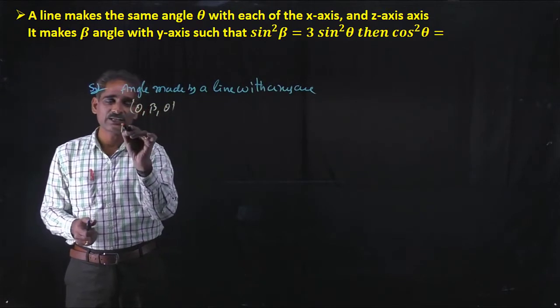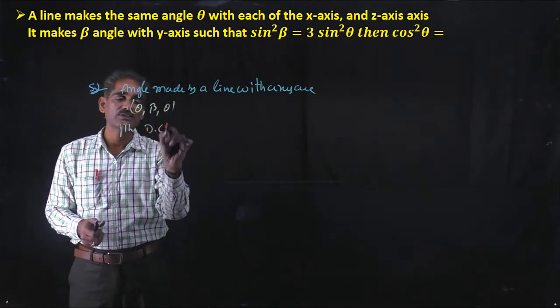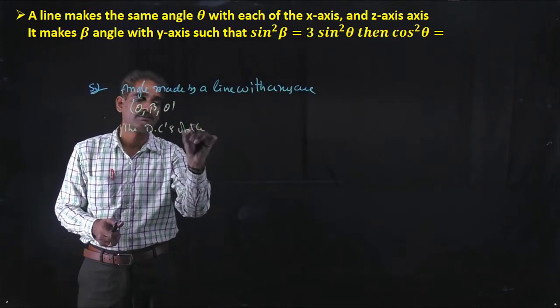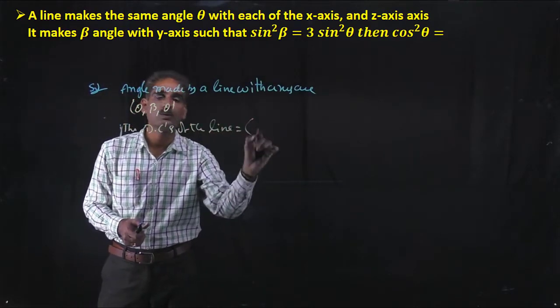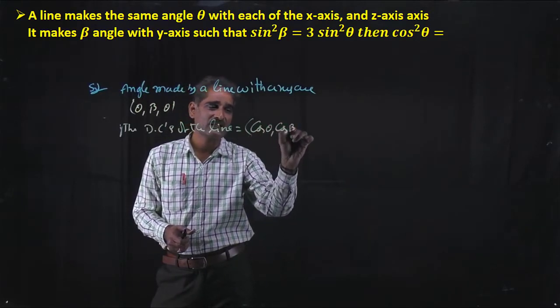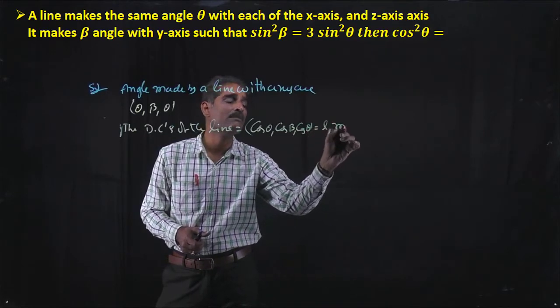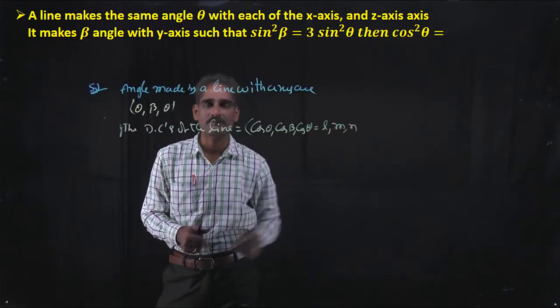Therefore the DCs of the line are cos theta, cos beta, again cos theta. Let us take these DCs to be L, M, N.